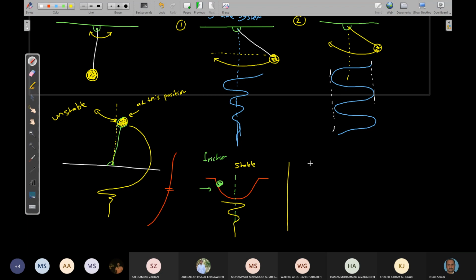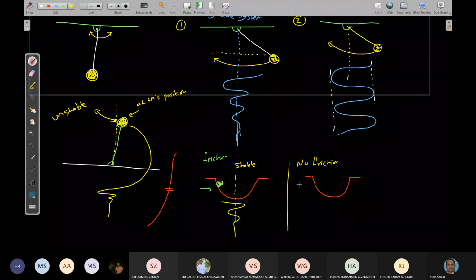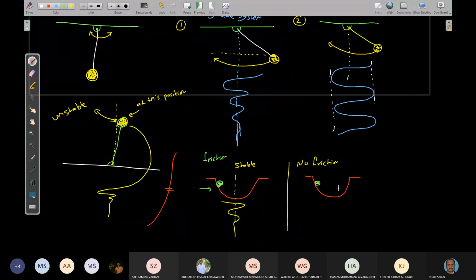Now, if there's no friction, and I'm having the same system, and starting from a certain point here, what will happen? It will swing forever with fixed amplitude and fixed frequency.